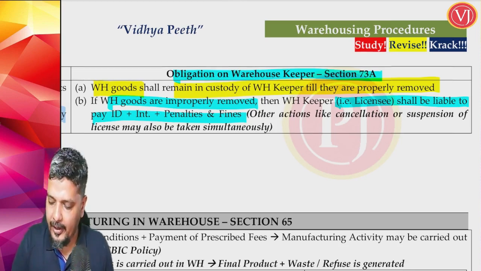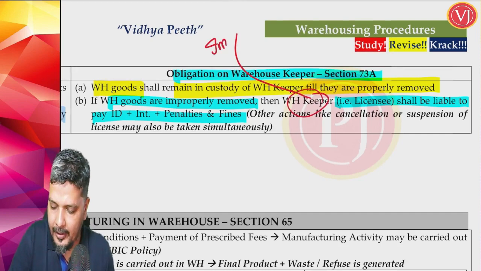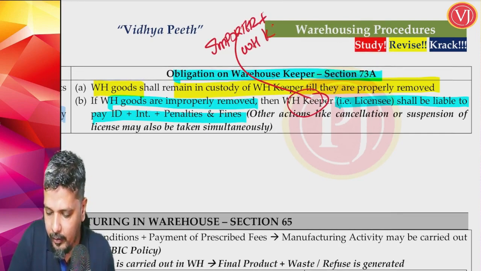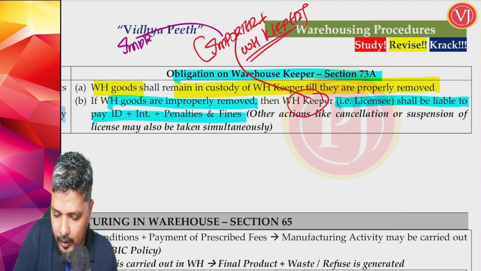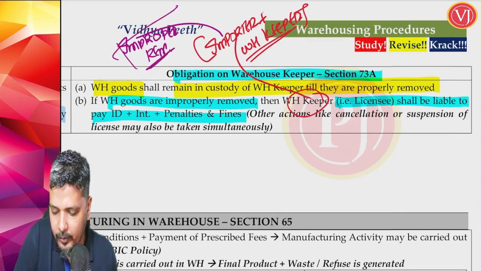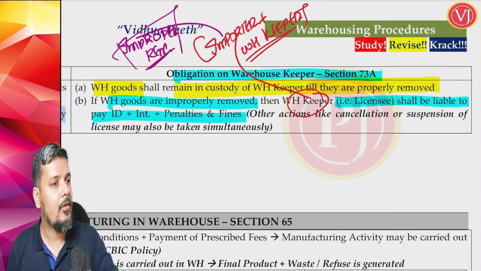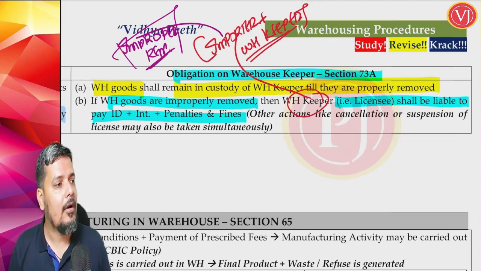Please understand that action will be taken against the importer as well as warehouse keeper in case of improper removal. We trusted you. We are not having any control over the warehouse keeper because we are now trusting you.